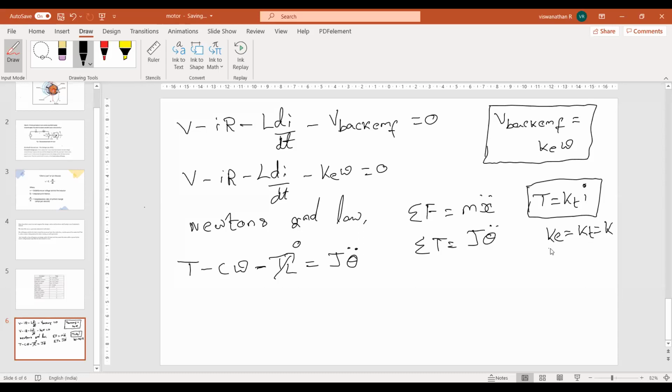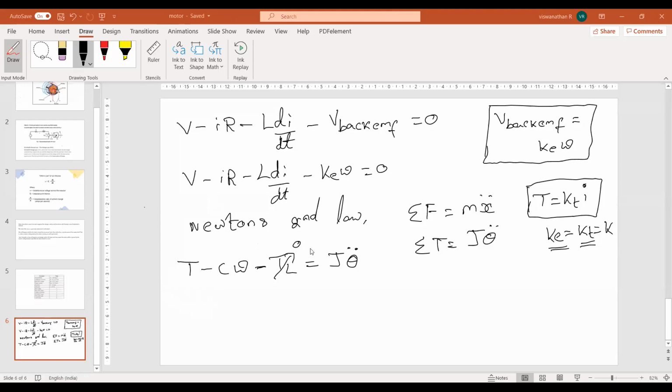So the back EMF constant will always be equal to the torque constant and can be written as K. These two constants are equal, and instead of writing Ke or Kt, I'll write K itself.